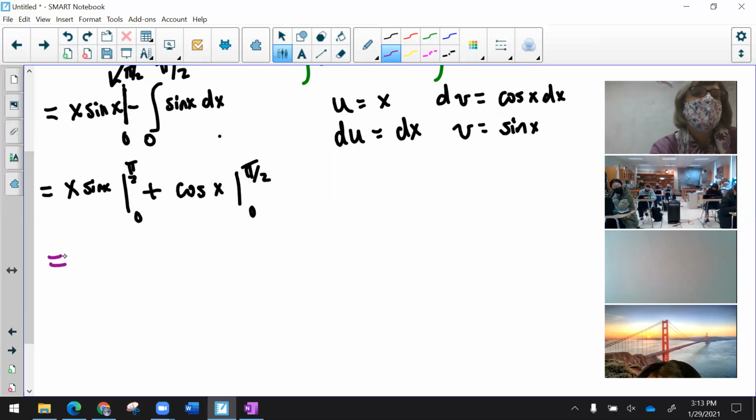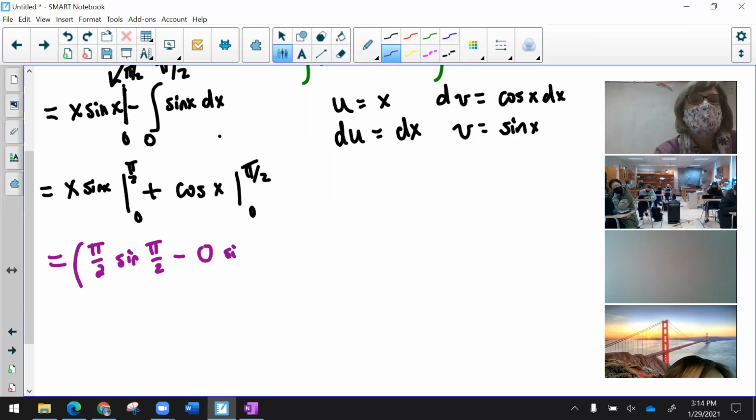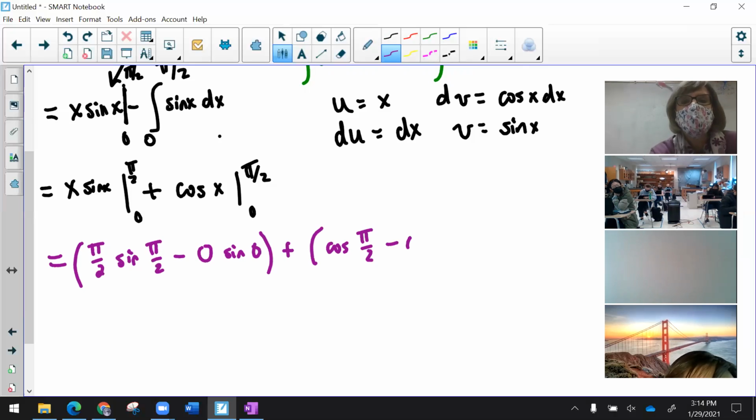And then I just have to remember to sub in. So this is going to give me pi over 2 times sine pi over 2 minus 0 times sine 0. That's my first term. Plus cosine pi over 2 minus cosine of 0.